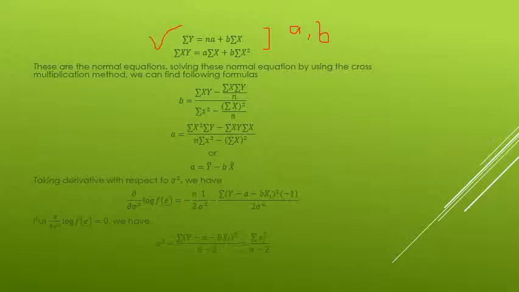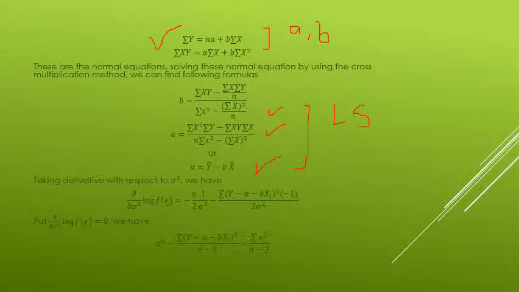These are called the normal equations, which you already know from the least squares method. Solving these normal equations by the cross multiplication method, which I also told you previously, we came to the following results. You can see that these results are the same as the least squares estimates.